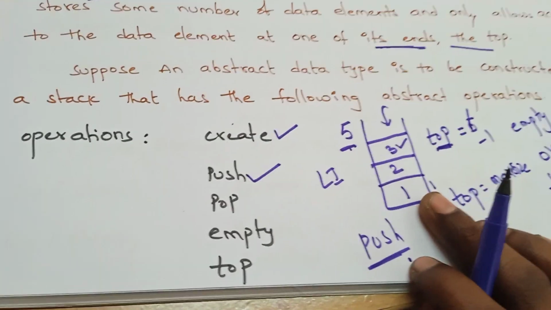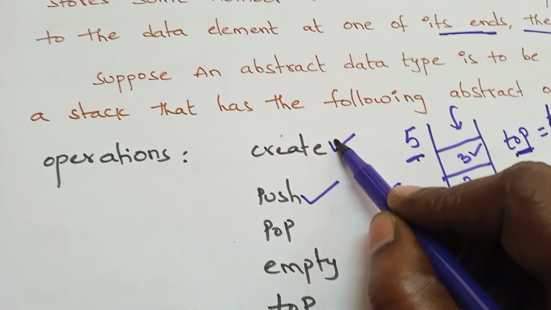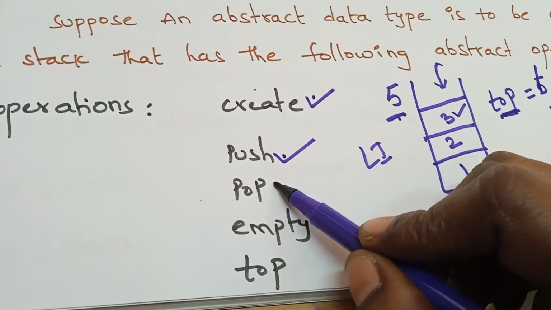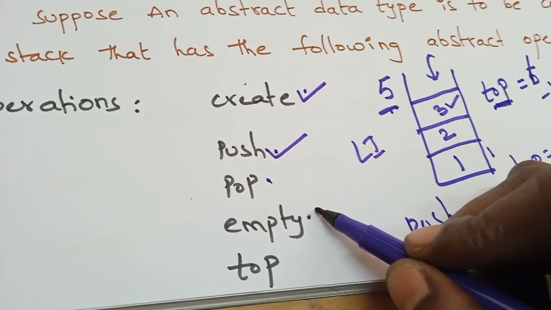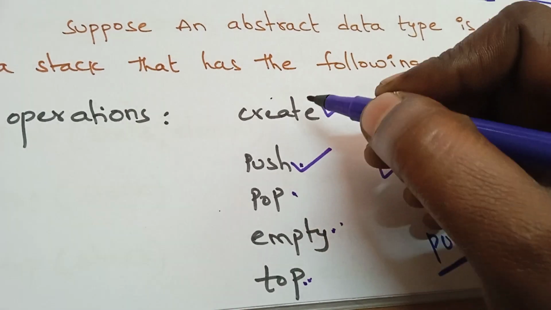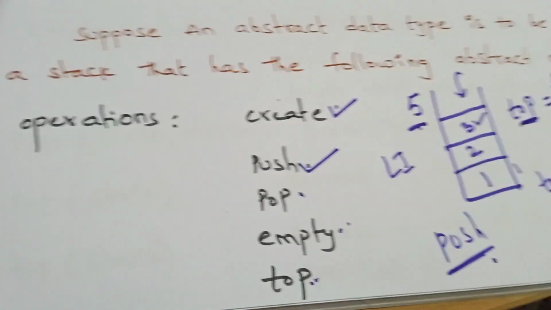The operations a stack performs are creating the stack, pushing an element into the stack, popping an element from the stack, checking whether the stack is empty or not, and getting the top element. These are the possible operations we perform using a stack.